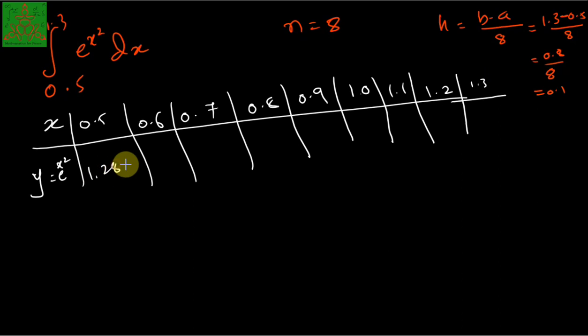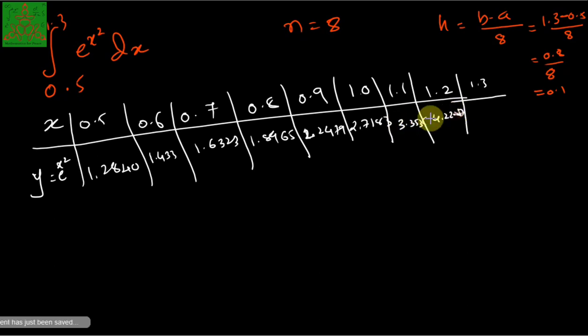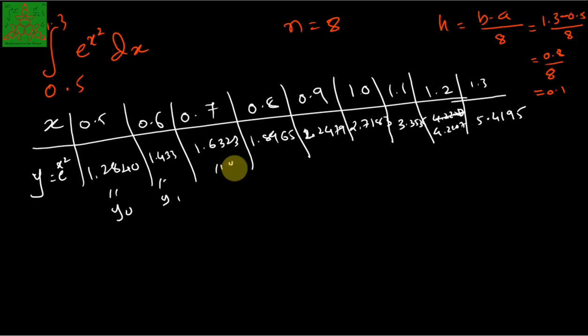This will give you 1.2840, 1.4333, 1.6323, 1.8965, 2.2479, 2.7183, 3.3535, 4.2207, 5.4195. This is my y0, y1, y2, y3, y4, y5, y6, y7, y8.